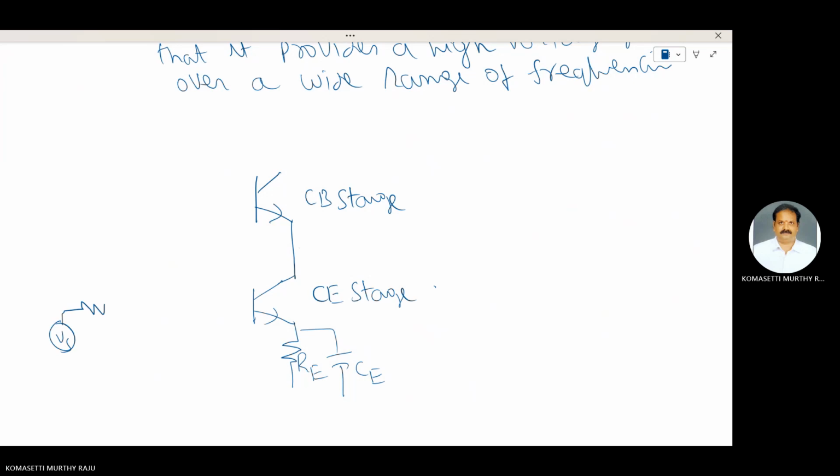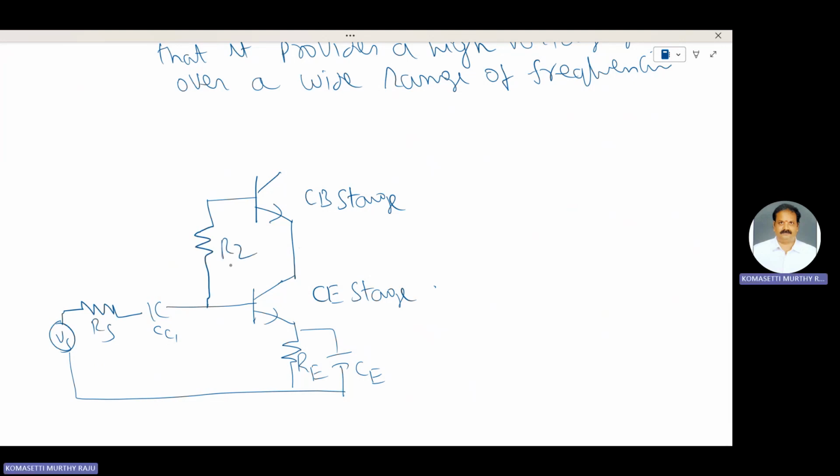VS, RS, CC1, coupling capacitor 1, R2, R3, R1, RC.